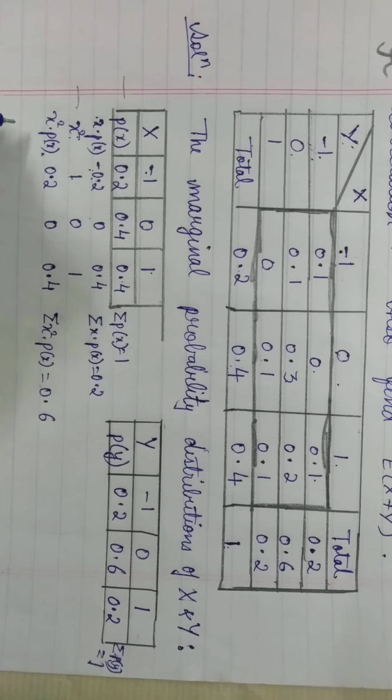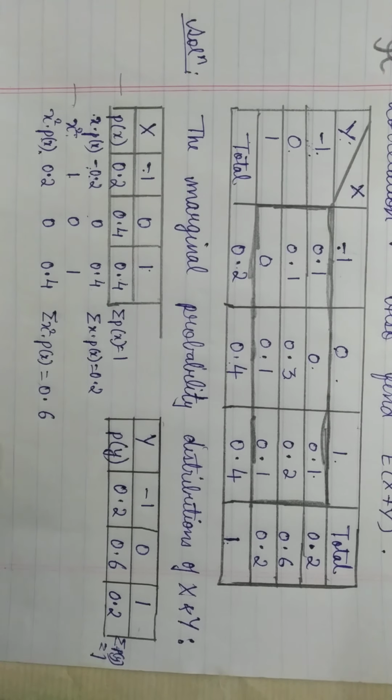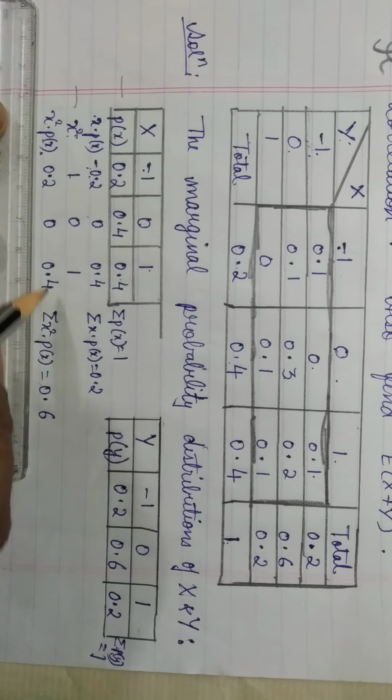Fine. Now x square into P of x you have got, so this is nothing but E of x square. This is what we wanted till now. I'll just draw the table; if you want, you can draw the table. It looks good.